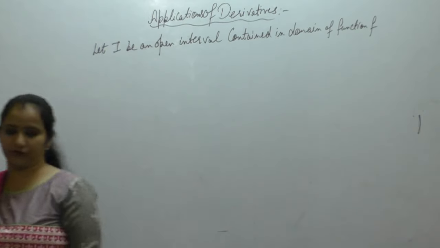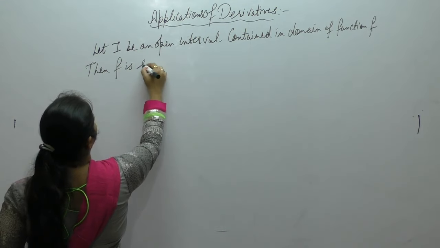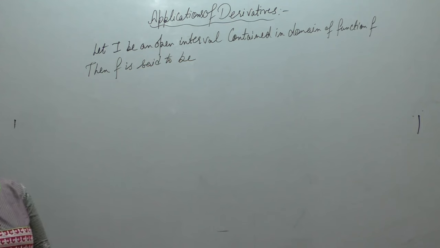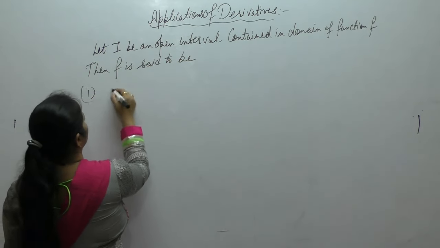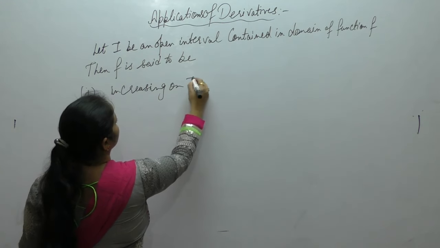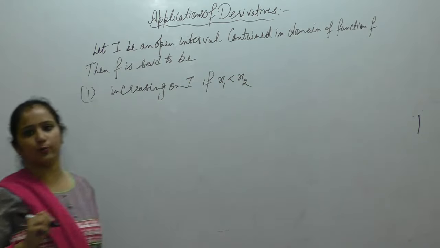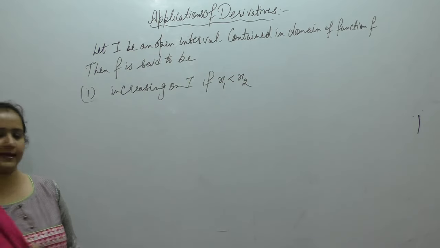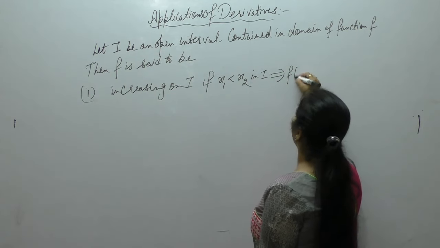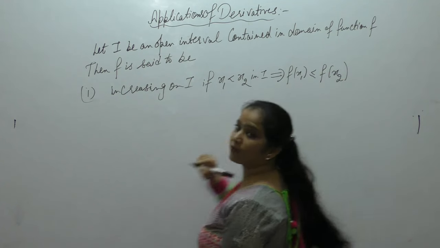Then f is said to be, number 1, increasing on I if x1 is less than x2, जो दो पॉइंट्स हैं, x1 less than x2 in I implies f of x1 is less than or equal to f of x2.